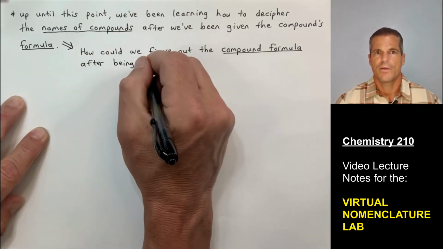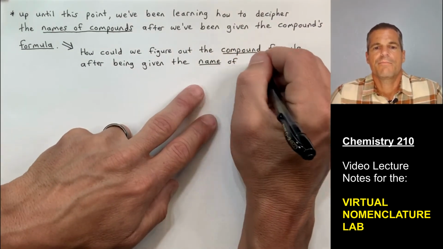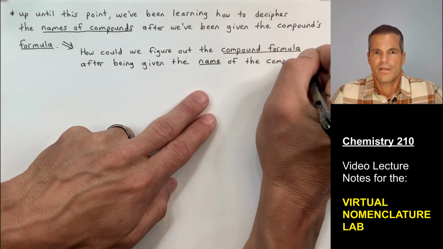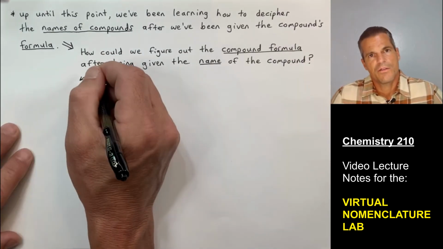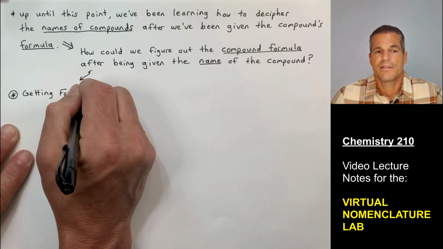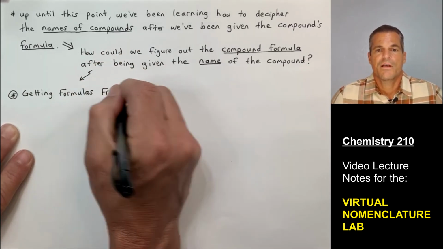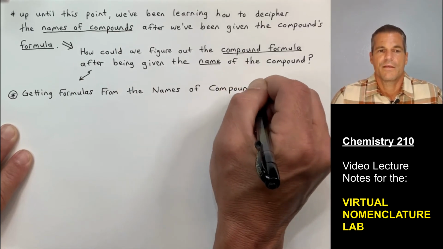Well, what about the other way around? How could we figure out the compound formula from the name of the compound? Well, that's what we're going to start talking about right now.